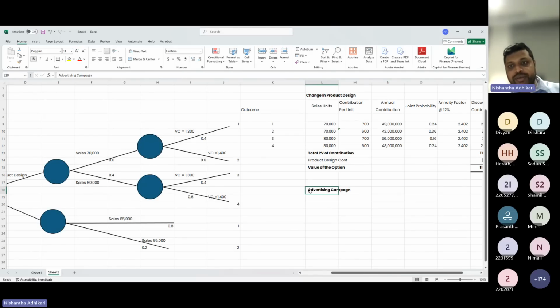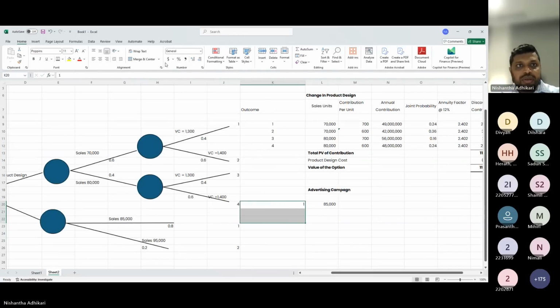Advertising campaign, outcome 1. Our sales units are 85,000.